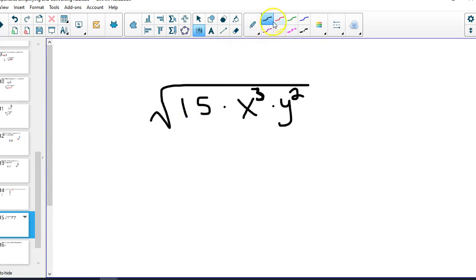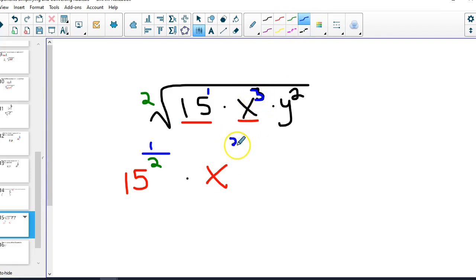Okay? So let's start with our base of 15. It's to the power of 1. So the power on the top is 1, and our index for all of it is 2. Let's look at our next term. Our x has a power of 3, so that's the top of our fraction, and our index on the bottom is going to be 2.